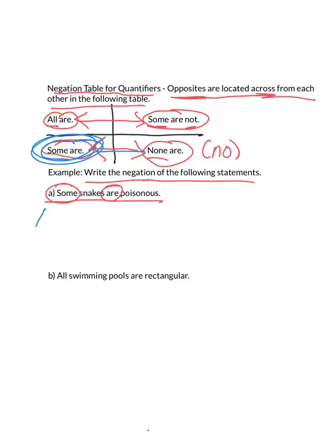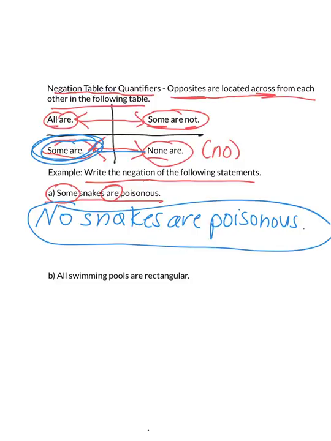So the opposite of "some snakes are poisonous" would be "no snakes are poisonous." I swapped out the phrase "some are" with its opposite, the word "no," in a sentence that makes sense.